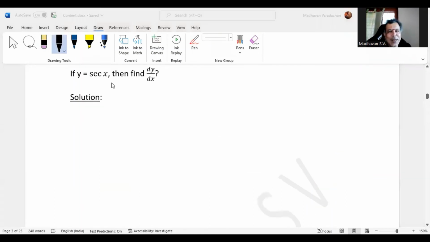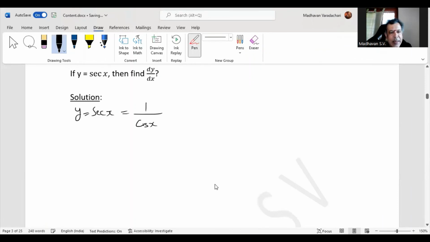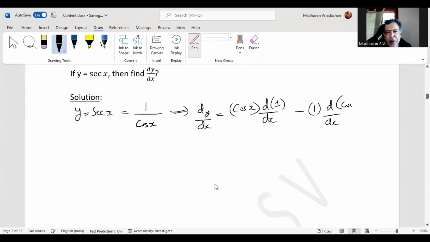If y equal to secant x, then find dy by dx. So y is given as secant of x, which is nothing but 1 by cos x. So that means dy by dx will be denominator, that is cos x, multiplied by d by dx of the numerator, which is d by dx of 1, minus of 1, that is numerator, d by dx of cos of x, a whole thing divided by cos square x.